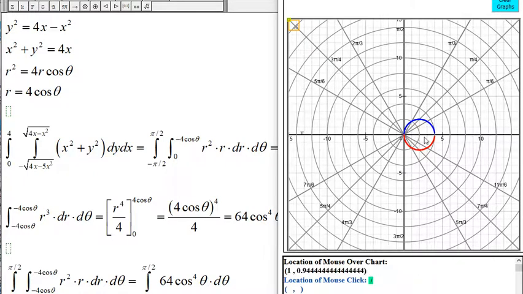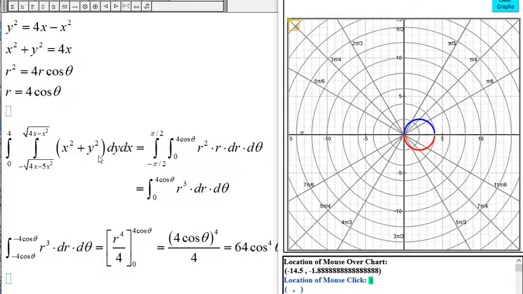This is region R, and region R lies in the fourth quadrant and the first quadrant. This is the double integral in the rectangular system. Since region R is in the fourth quadrant and the first quadrant, theta ranges from negative pi over 2 to pi over 2.